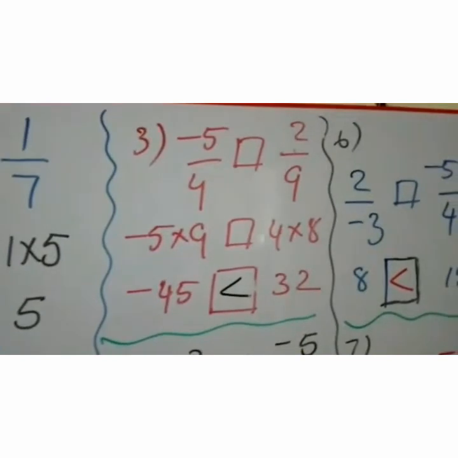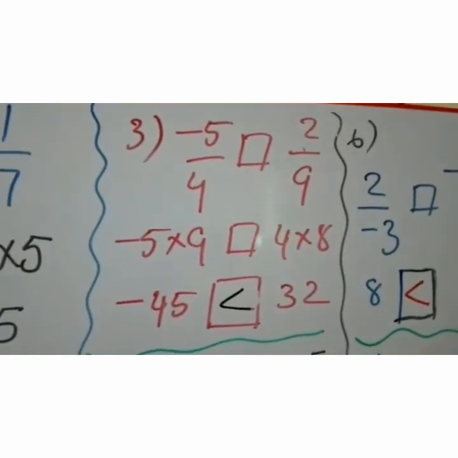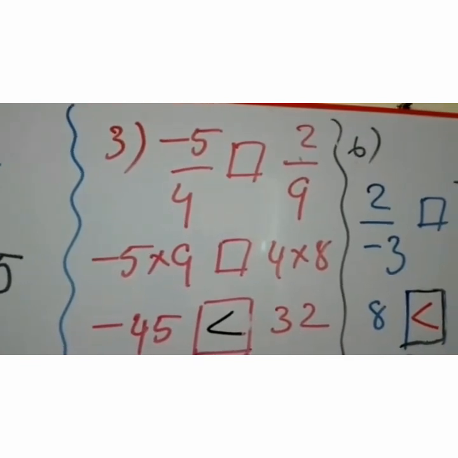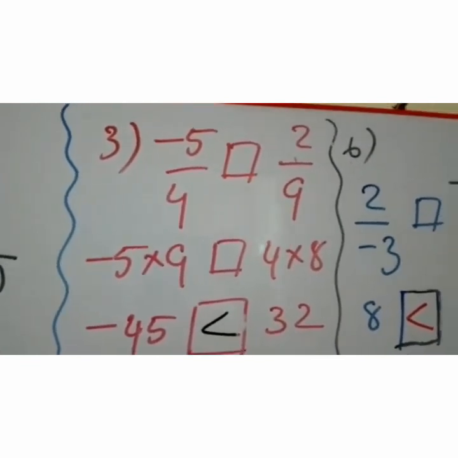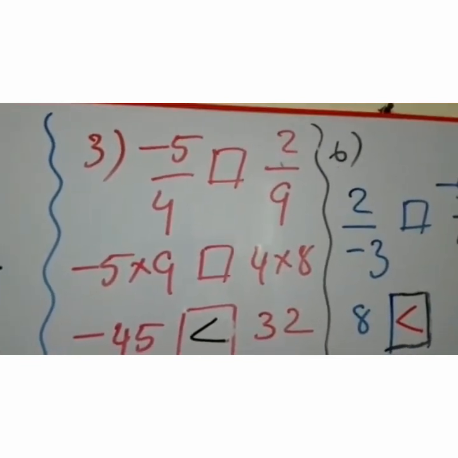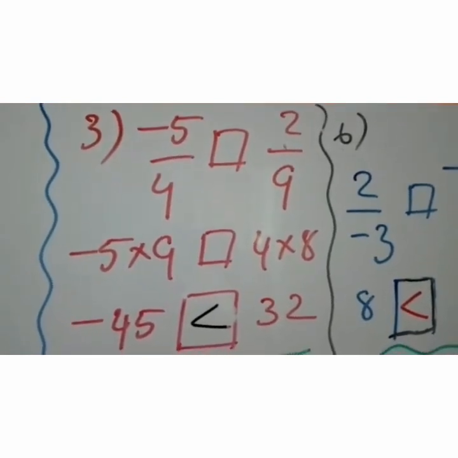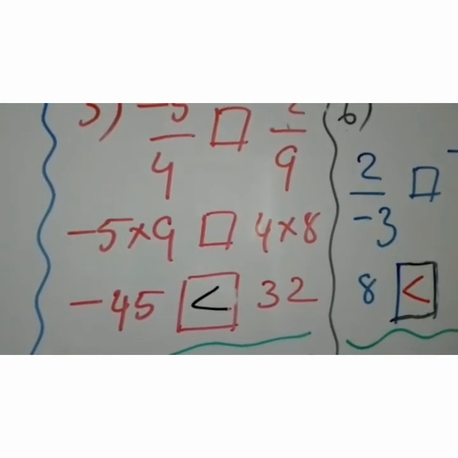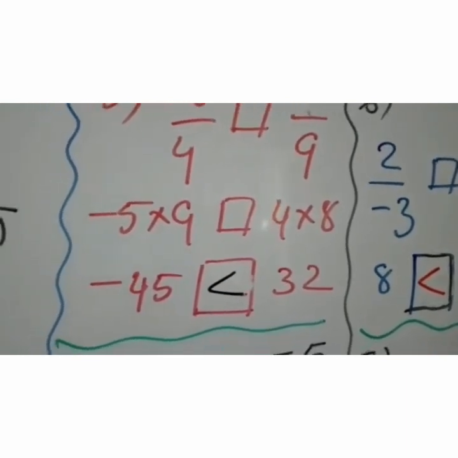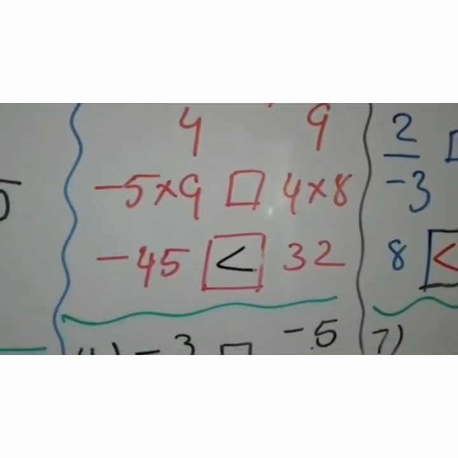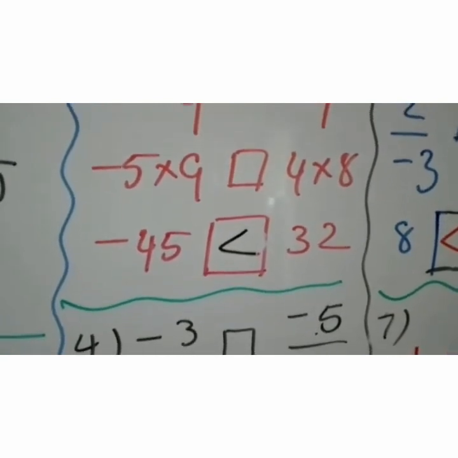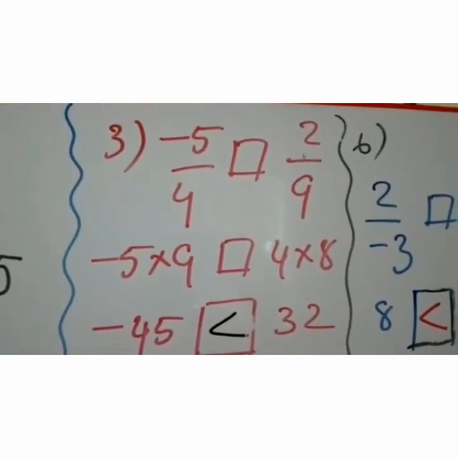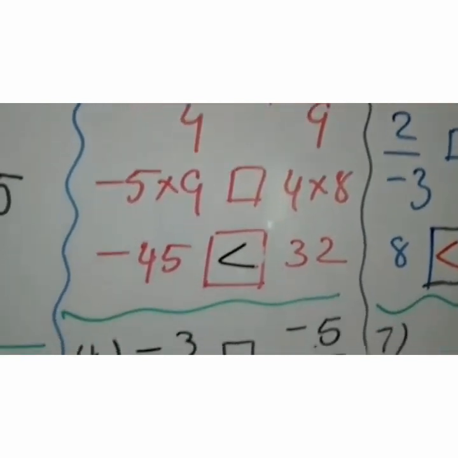When it comes to negative numbers, you should be thorough with negative and positive addition, subtraction, multiplication, division. Negative 5 by 4 and 2 by 9, comparing by cross multiplication. Left side you will get negative 45, right side you will get 32. Negative is always less than a positive number. So negative 5 by 4 is less than 2 by 9.